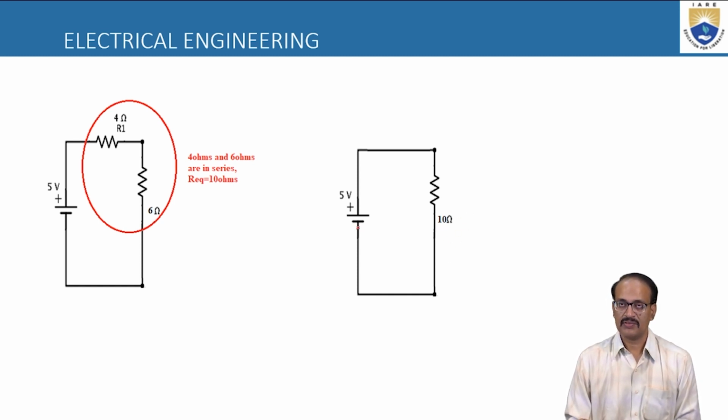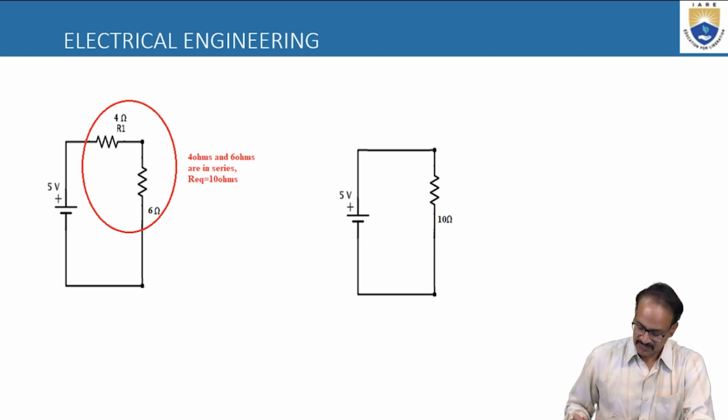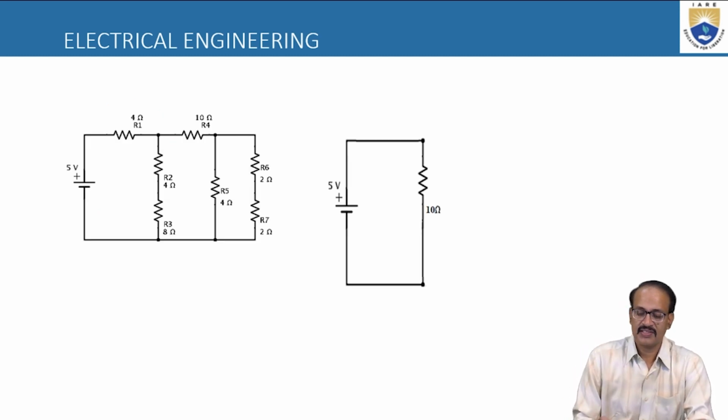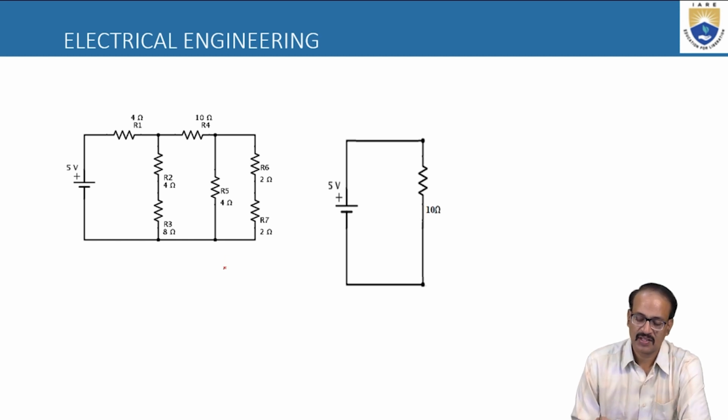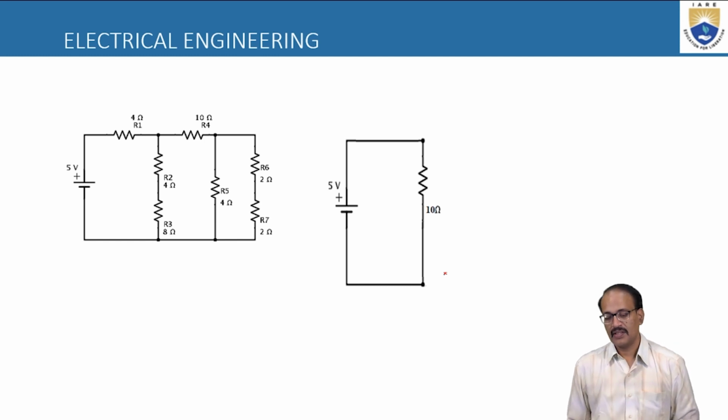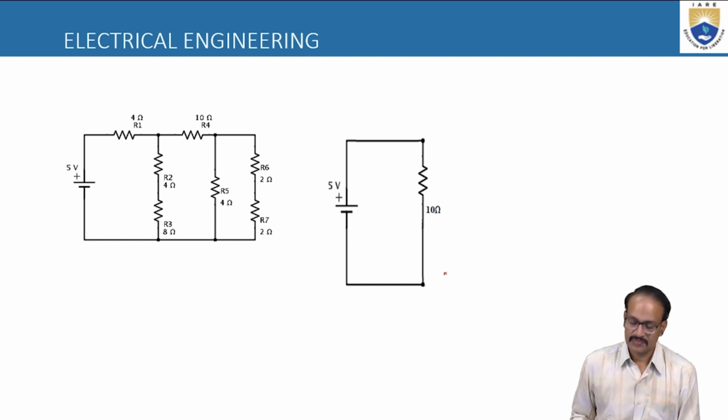That means 5 volts in series with a 10 ohm resistance. This is the initial circuit, and we can reduce it into a simple circuit with the help of this circuit reduction technique.